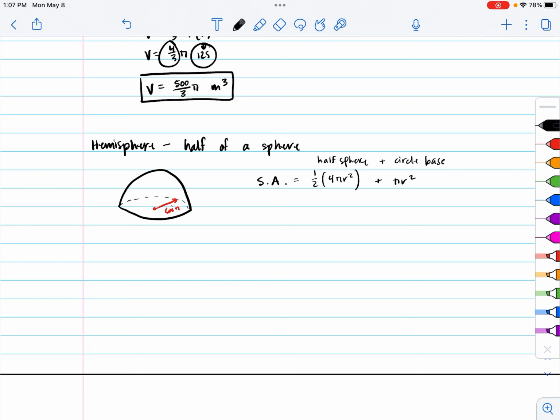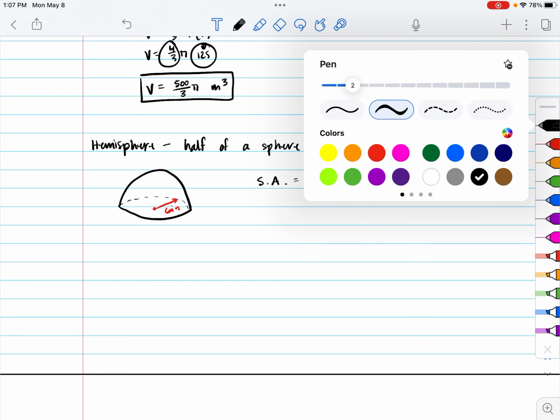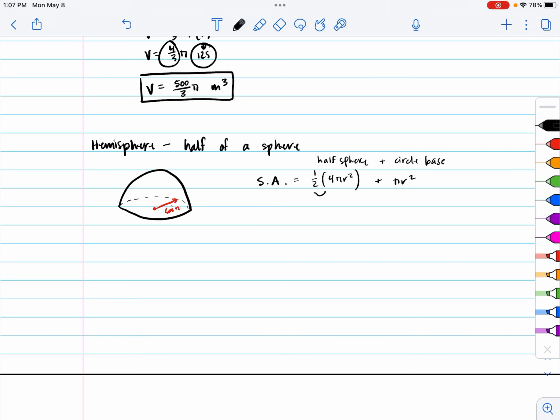So let's do it. Now, we could technically combine some like terms. If we multiply this in, 1/2 of 4 is 2, so this becomes 2 pi r squared plus pi r squared. And if you notice, these are written in the exact same form. They both have pi r squared in it, except one is 2, one of them is 1. So we end up getting 3 pi r squared.